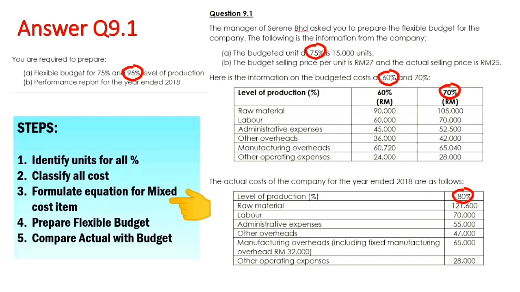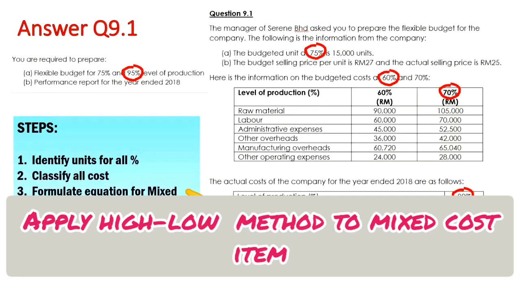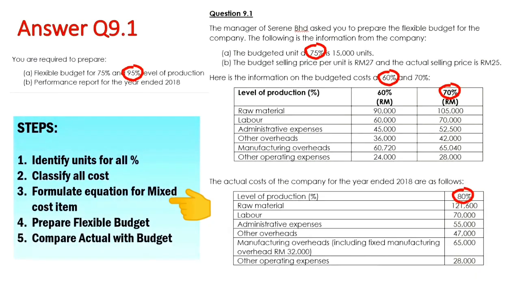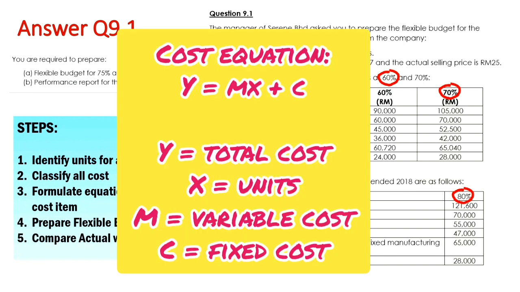Third step, formulate an equation for the mixed cost item. As we have learned in topic number 1, when we have a mixed cost item, we have to use the high-low method to identify the variable element inside the mixed cost. Then we insert the variable cost per unit inside the cost equation, and figure out how much the mixed cost is.